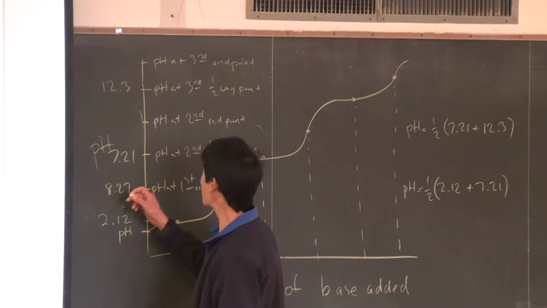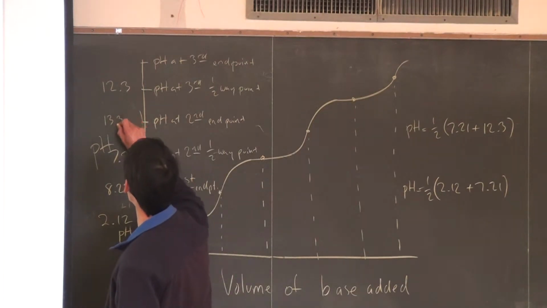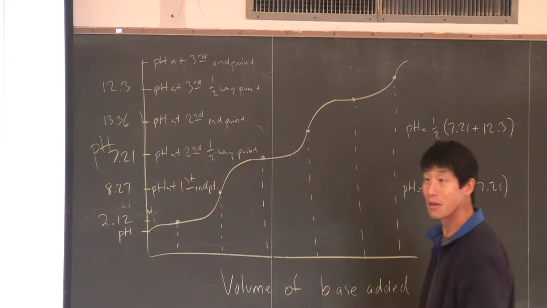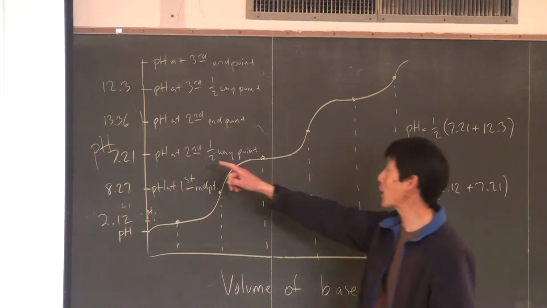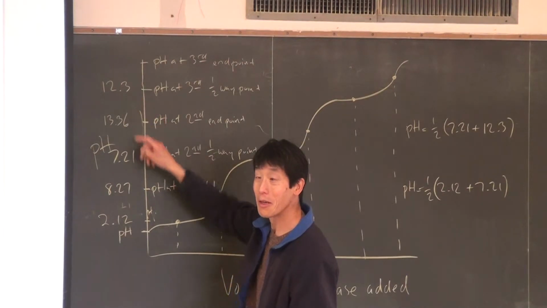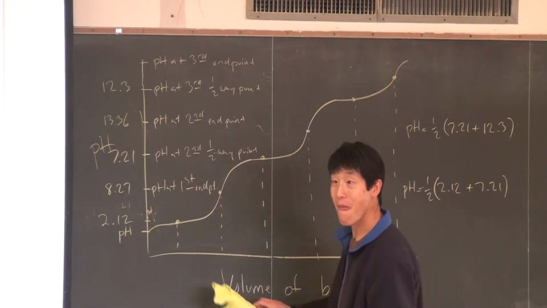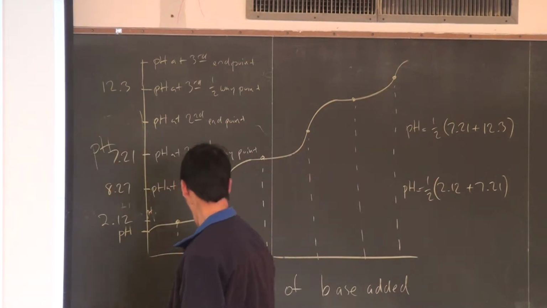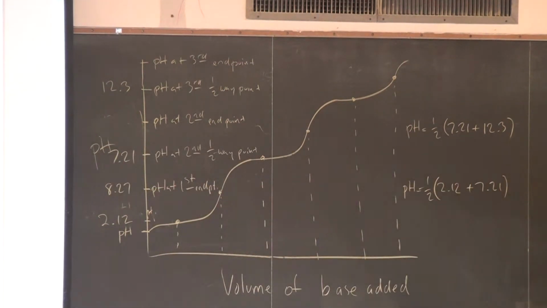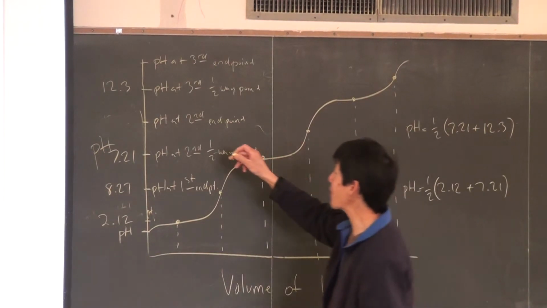Are you sure? Because see, it's got to be between 7.21 and 12.3. It's like 9.7. What is it again? 9.76?